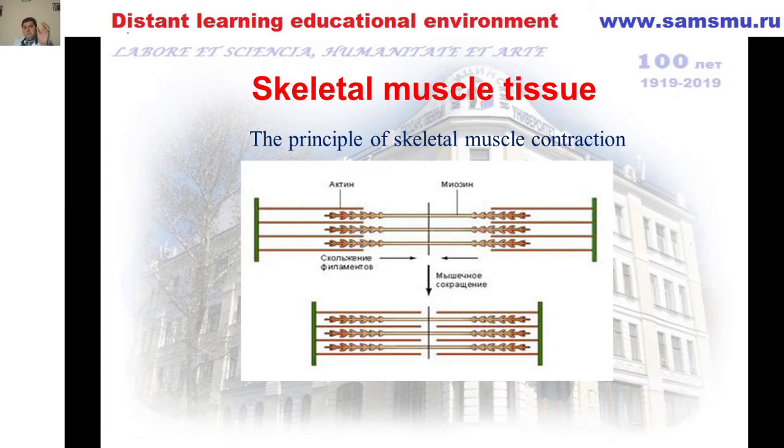In common, the principle of skeletal muscle contraction. You may see two Z-lines in green, and when myosin goes into interacting space, like on this picture, we have muscle contraction because the distance between two Z-lines becomes shorter.